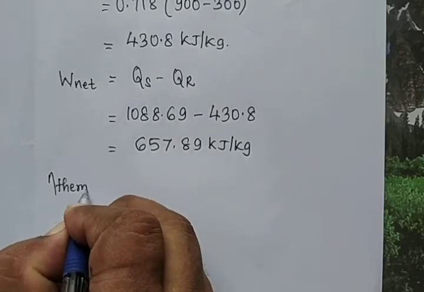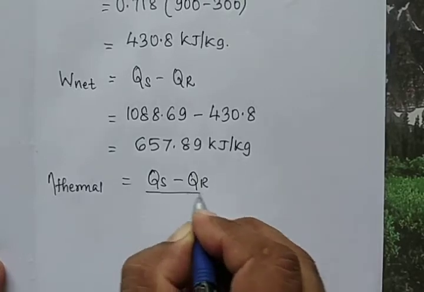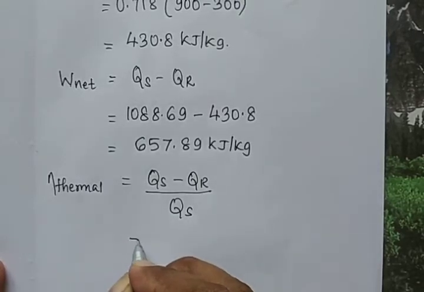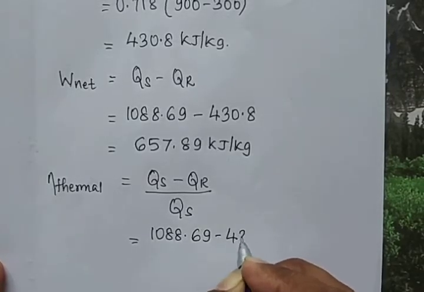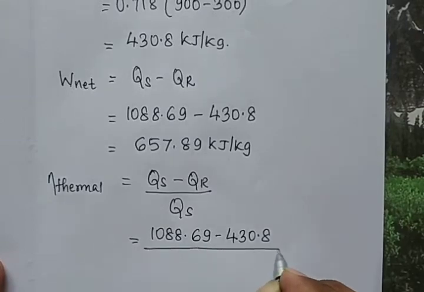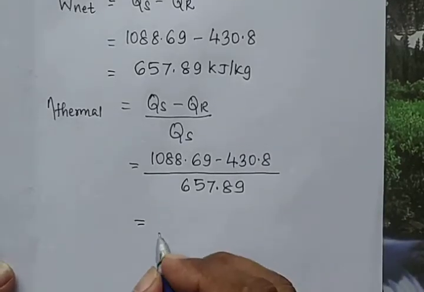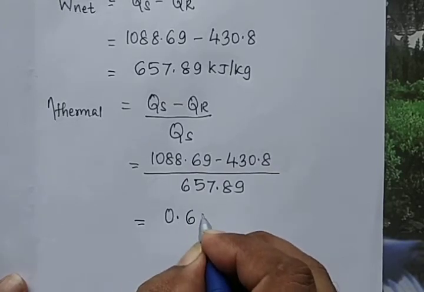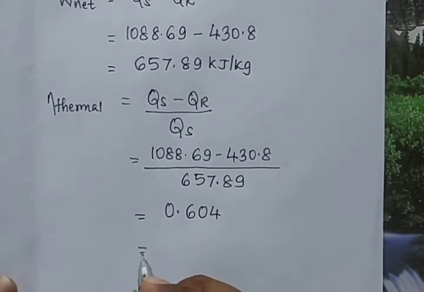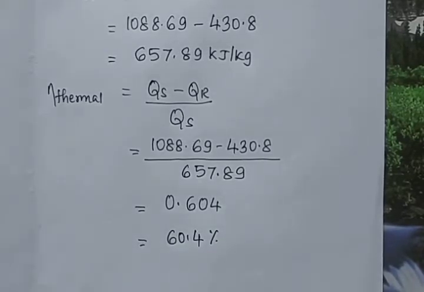Thermal efficiency will be equal to Qs minus QR by Qs. That is 1088.69 minus 430.8 divided by 657.89. So which fetches me the answer as 60.4, or it is 0.604, which is nothing but 60.4% is the thermal efficiency of the cycle.